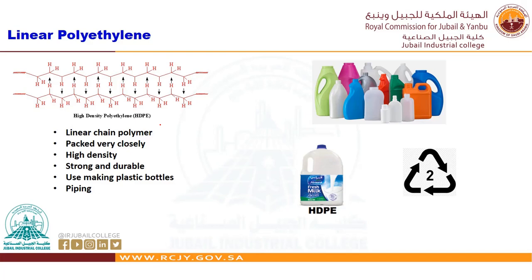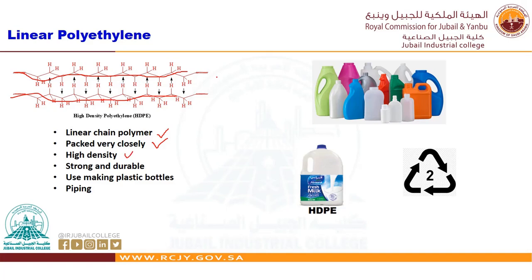Now, let's look at linear polyethylene. For example, I have two chains of linear polyethylene here. The chains are linear, but in most cases they have short branches or are completely linear. But what is important here is they can be packed closely. The chains can move very close to each other, and they have high density. Why do you have high density?